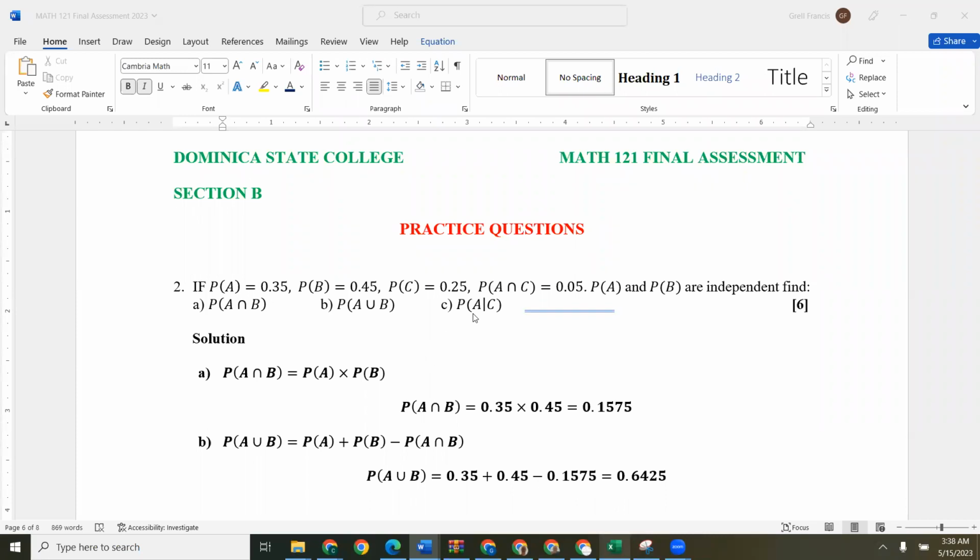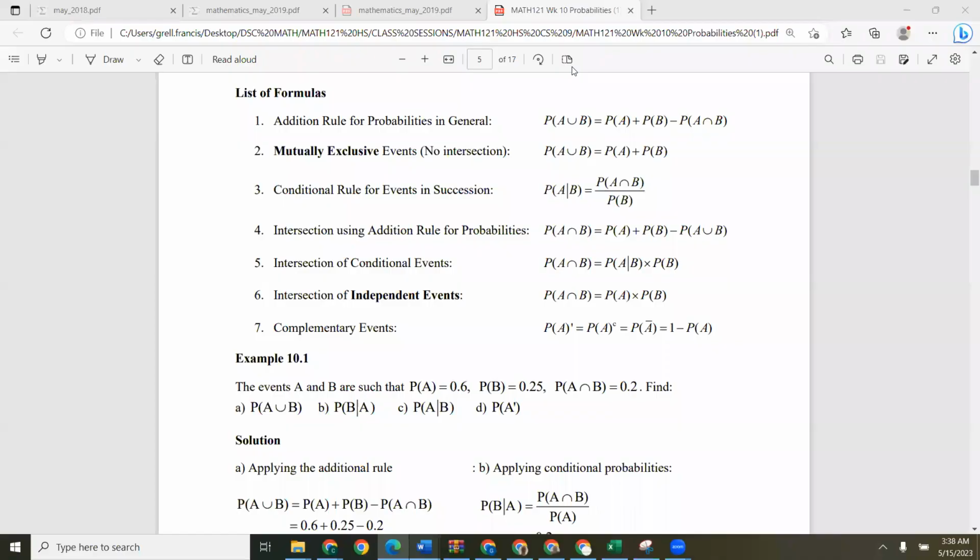Now, part C is asking for P of A given C. Or you can say P of A if C, or P of A after C. Again, we go to the list of formulas that deals with such a situation. There's only one formula where P of A given B is the subject, which is formula number 3.